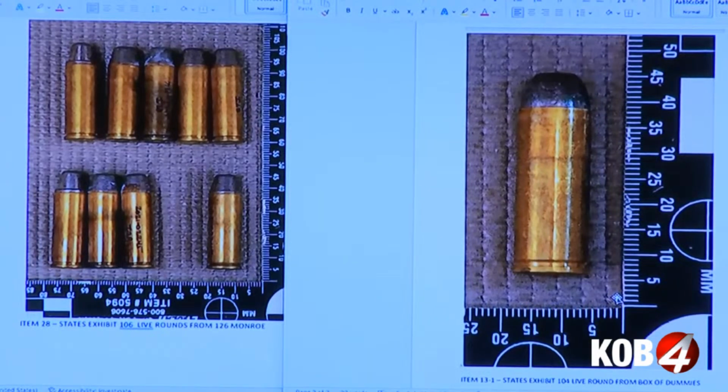Item 13-1, did that come from the set of the movie Rust? I'm sorry. 13-1, did that come from the box that was provided to you? Yes. The box of ammunition that we saw earlier?